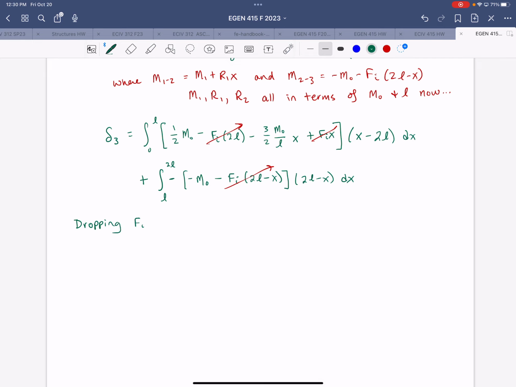Are we leaving out the 1 over EI? Thank you. That should be in there. Yeah, so 1 over EI in front of both integrals.